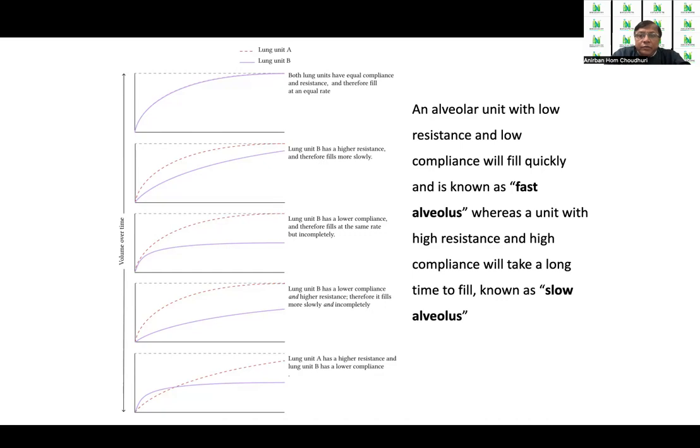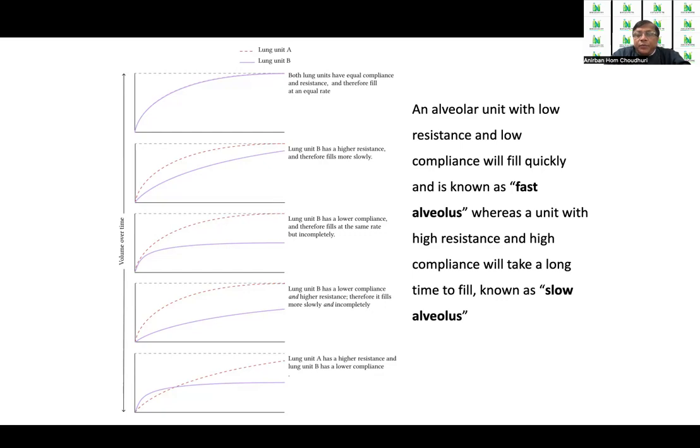So an alveolar unit with low resistance and low compliance will fill quickly. These are known as the fast alveoli, whereas a unit with high resistance and high compliance will take a long time to fill and a long time to exhale. So these are the slow alveoli.